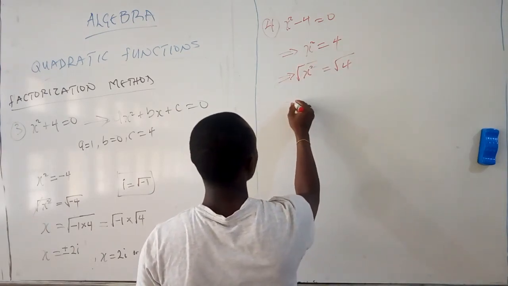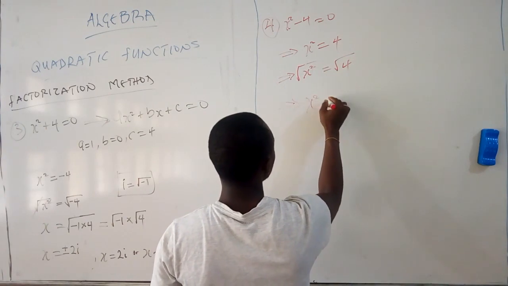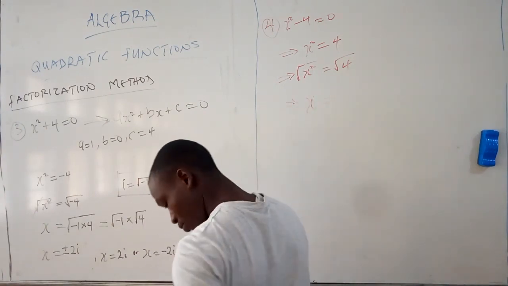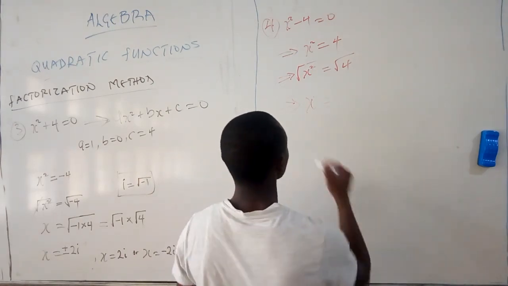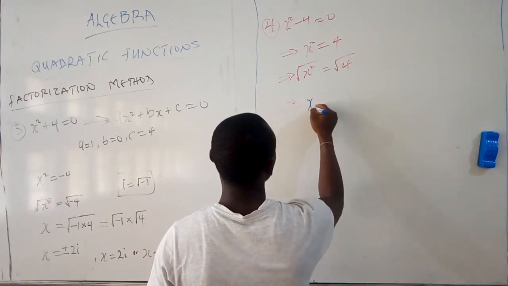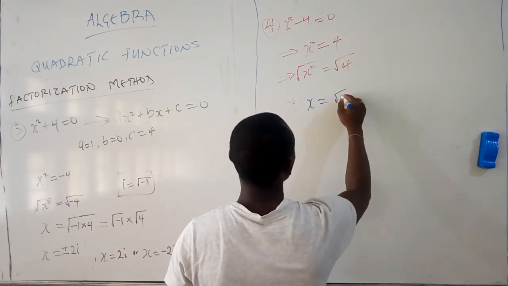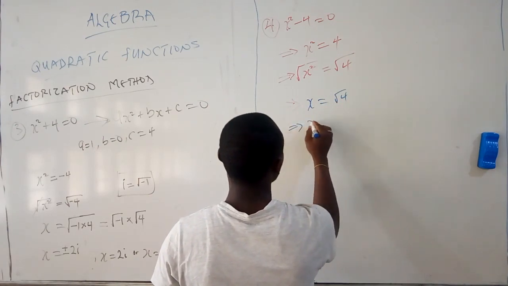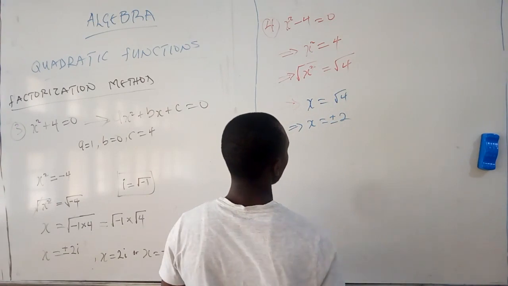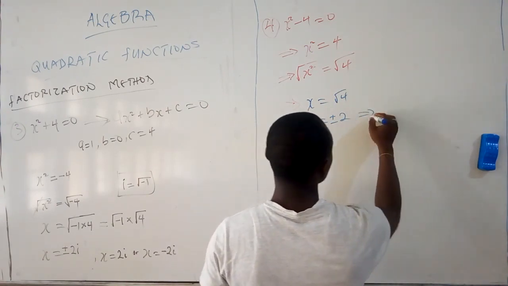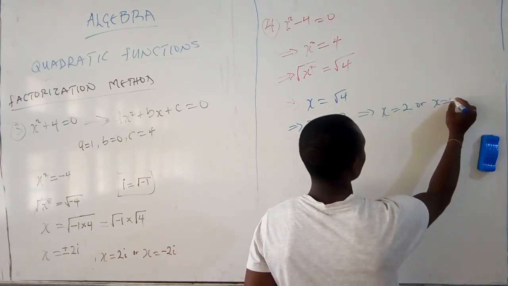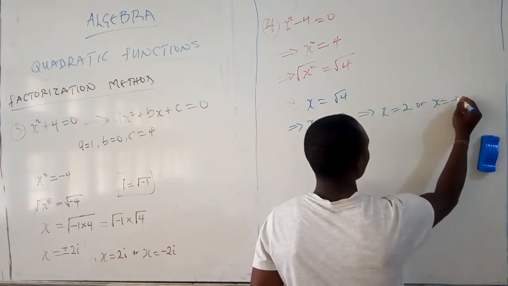You are left with x is equal to root of 4. So x is equal to plus or minus 2. This implies x is equal to either 2 or x is equal to minus 2.